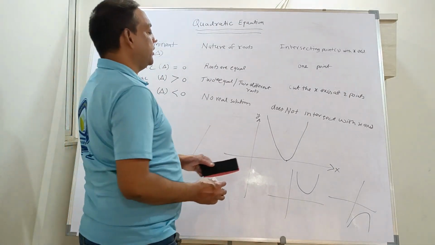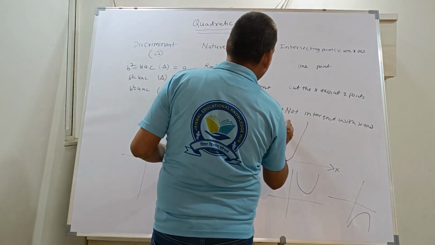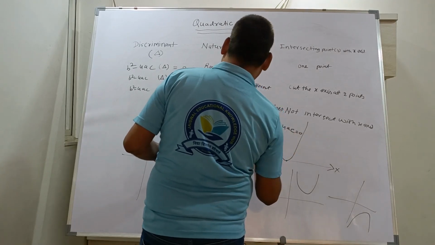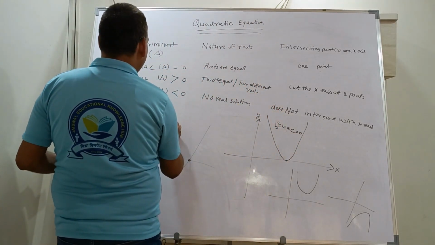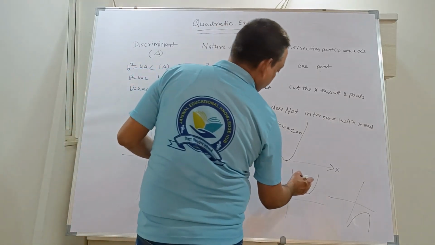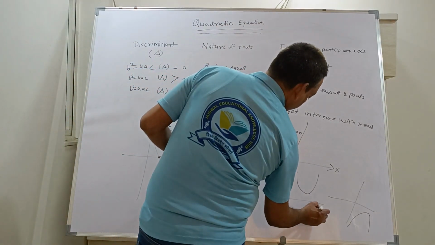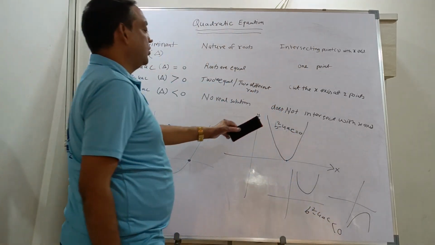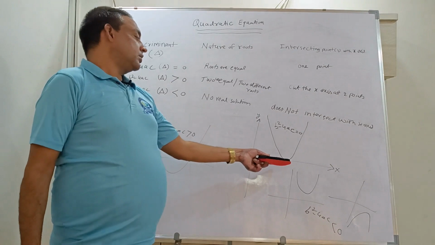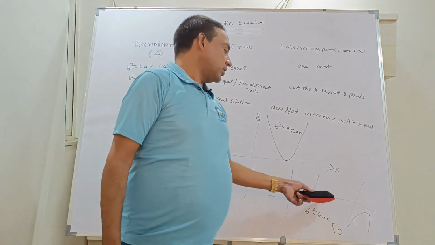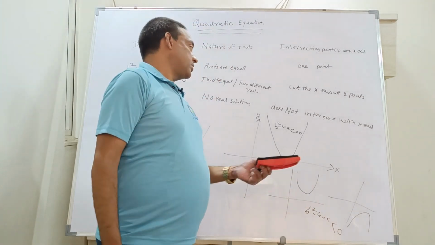So this is b square minus 4ac equal to 0, this is greater than 0, and this is less than 0. Equal to 0, touching at 1 point; greater than 0, cutting at 2 points; less than 0, not cutting at any point.